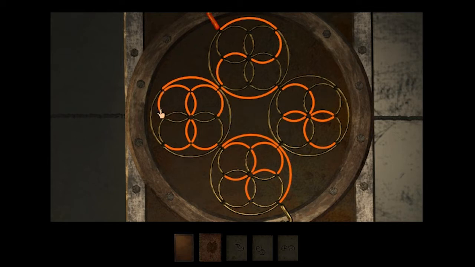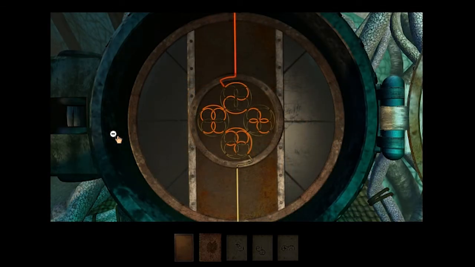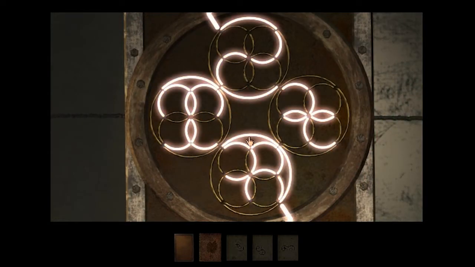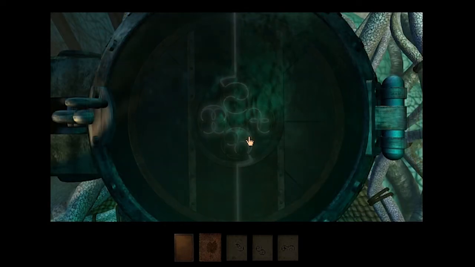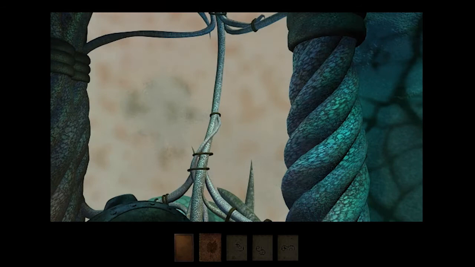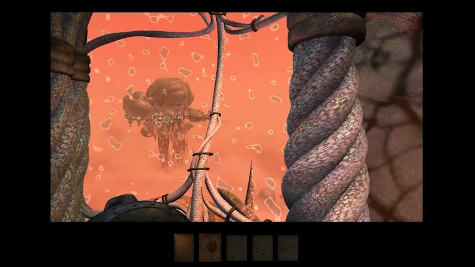But maybe I put these on the edge? No, it didn't get it. That looks like balance. System. Oh, did I forget this? There we go. Stimulate civilization. That brought the shield down.